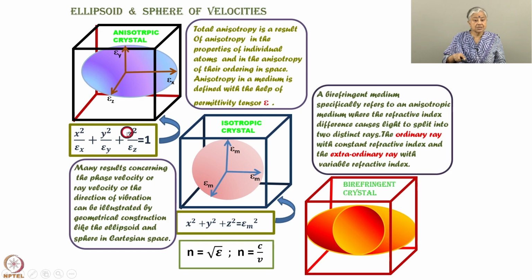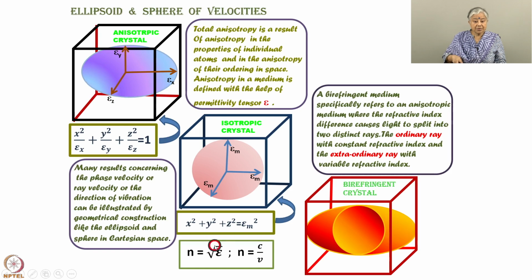Those who are interested can study from the book by Born and Wolf, who derives this. For the moment, trust me that this ellipsoid describes the different directions of the permittivity.